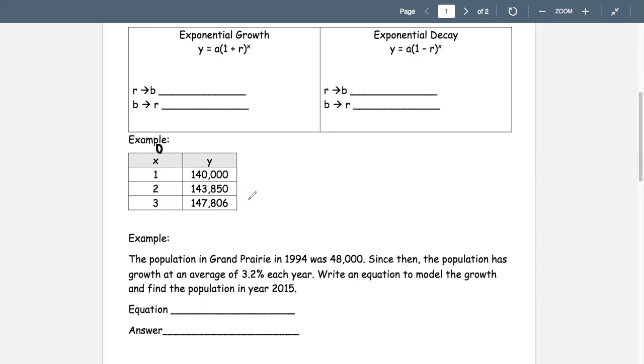Okay. Because I don't know the y-intercept, I'm just going to figure out what the b value is. That means I need to figure out what it's multiplying by each time to get to the next thing. How do I figure out what it's multiplying by to get to the next y term? Tell me what it's multiplying by.